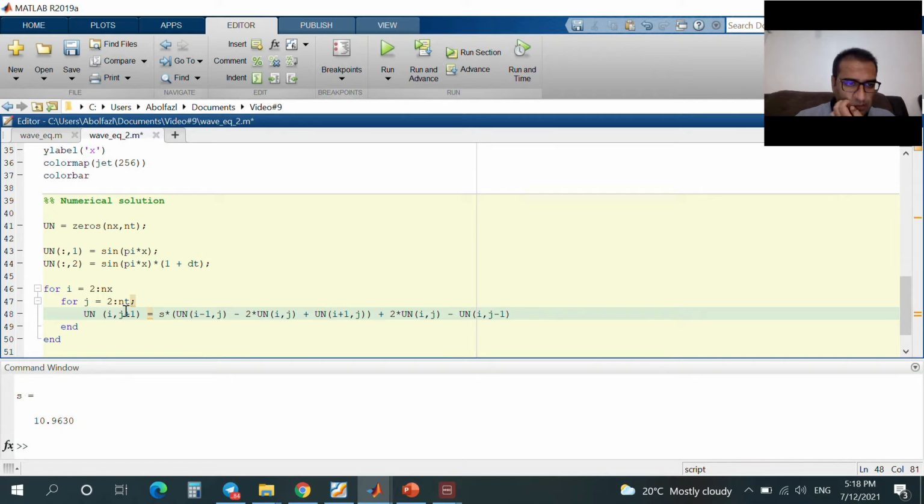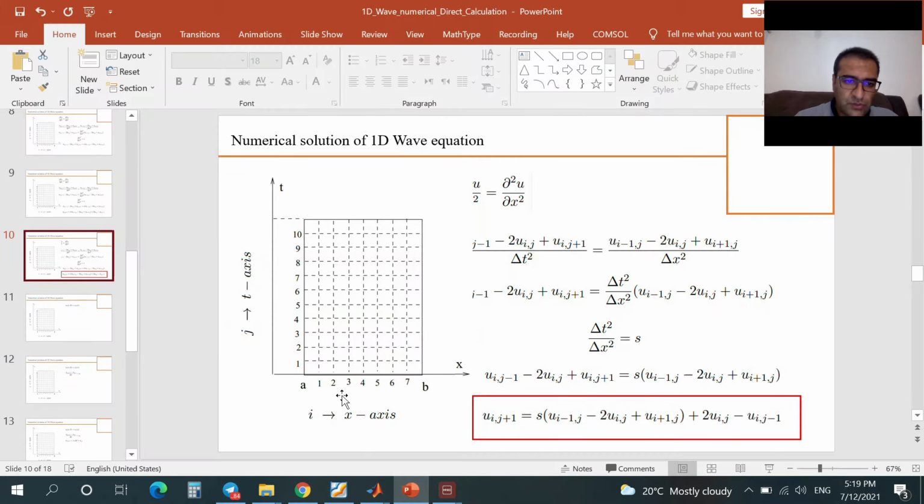Okay, let's check it. If we substitute 2 instead of i, we will have 2 here, 2 here, and 1 here. So we have the first index, and if we substitute 2 here, we will start from the third. As I mentioned, we should start the calculation from here, and this is the third grid.